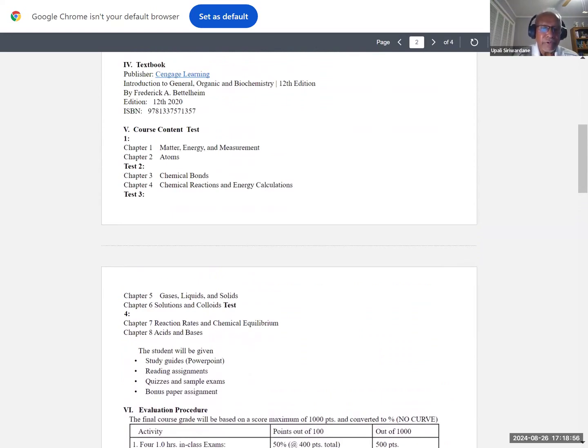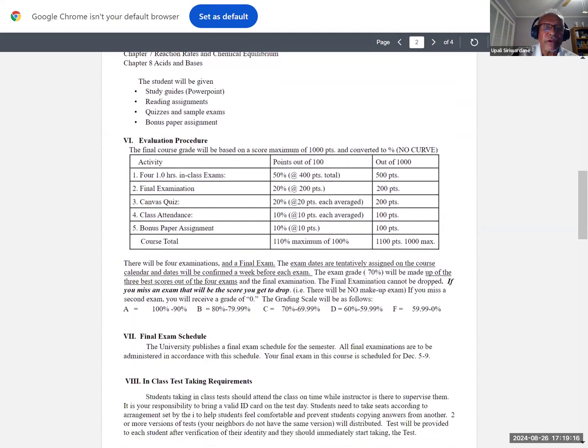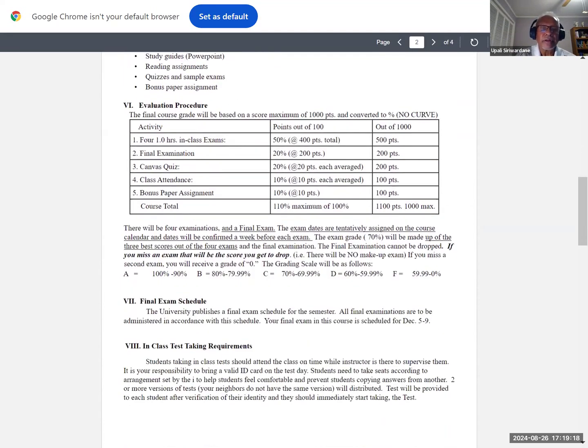We plan to cover 8 chapters, but we normally run out of time before end of the semester. So number of chapters covered is dependent on how things go. The course evaluation, you should read it carefully.